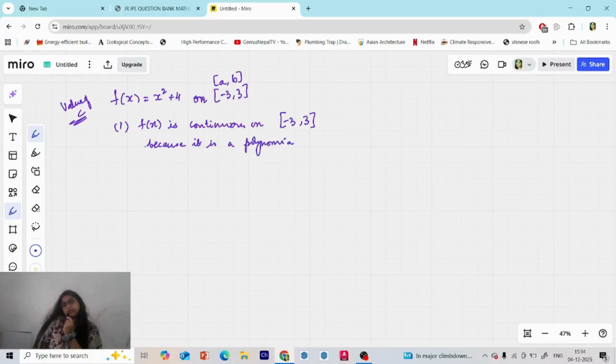Every polynomial function is continuous on any given interval. Second, f of x should be differentiable. It is differentiable on the open interval minus 3 comma 3, again because it's a polynomial function.